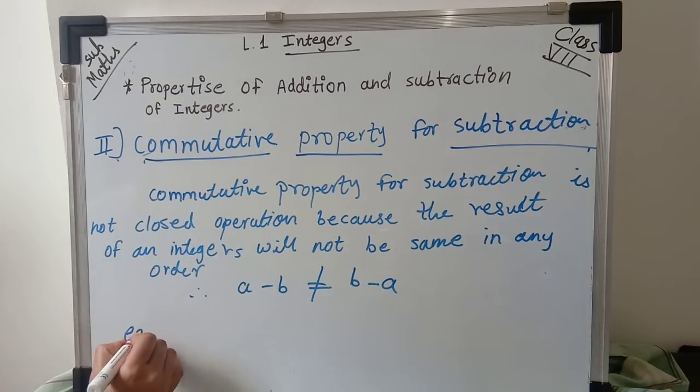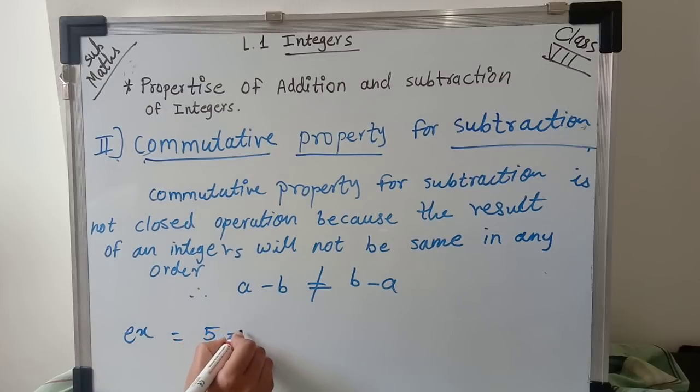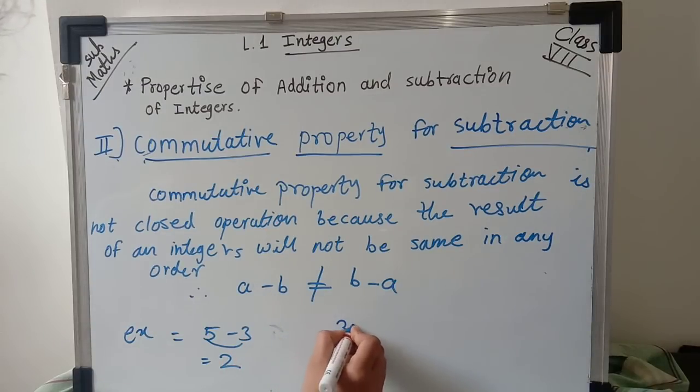For example, if we take 5 minus 3, here we'll get the answer 2. If we change the order of these two integers, we will not get the same value. So here 3 minus 5, we have to do the subtraction. 3 minus 5 is equal to 2, but here 5 is the bigger number, so we have to give the sign of that number.